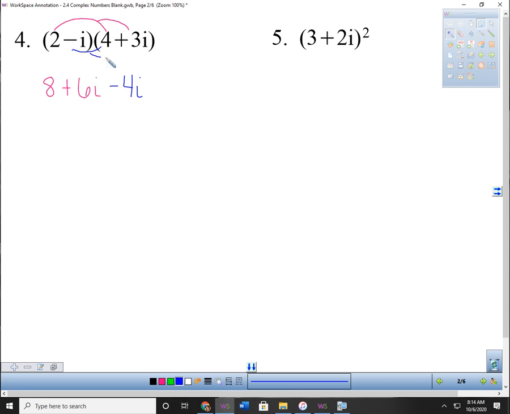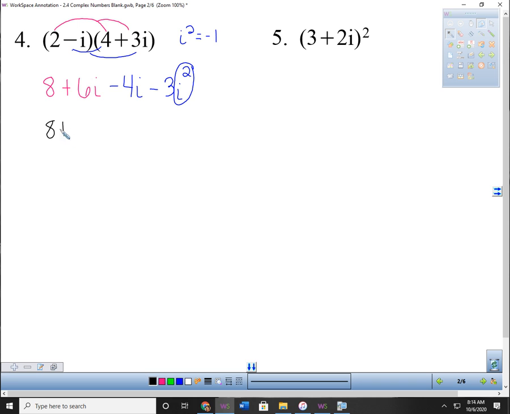And then -i times positive 3i would be a -3i squared. And if you'll recall from Algebra 2, i squared is the same thing as -1. So I can replace that with -1.